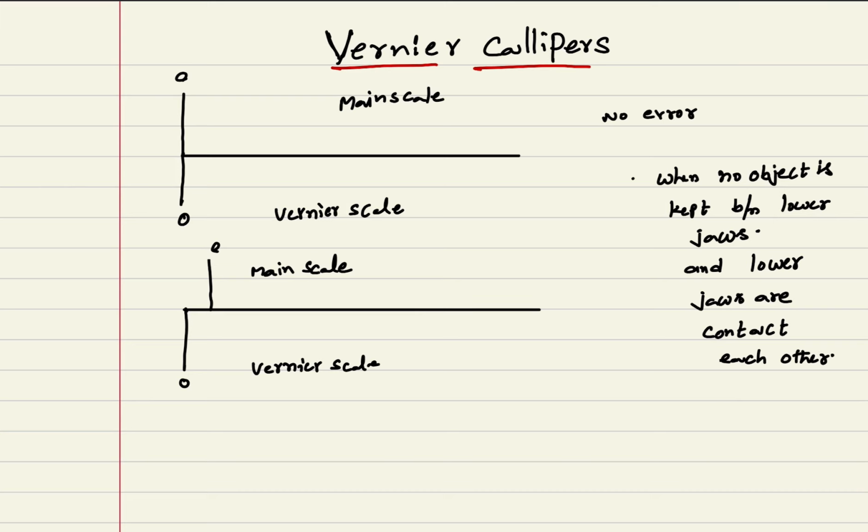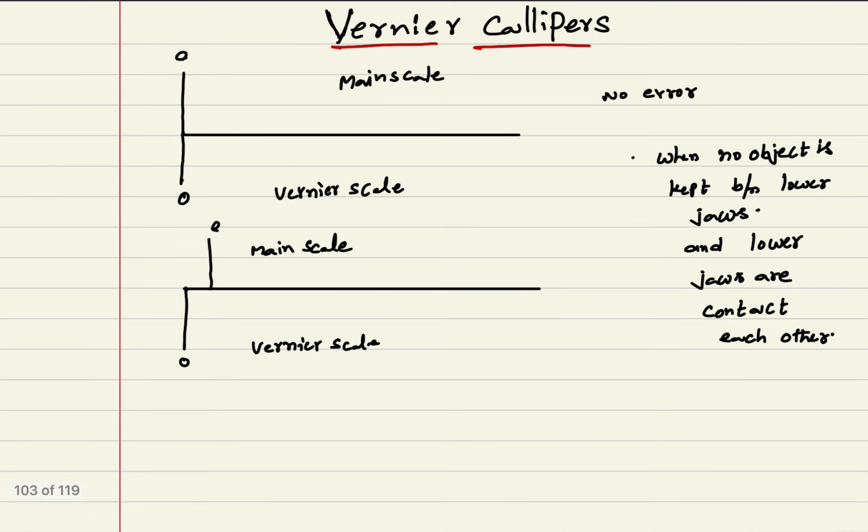In that case, we are seeing an error. What error is there? Let us consider 1, 2, 3, 4, 5, and this is the 6th. The 6th division coincides, then 7, 8, 9, and similarly 10.